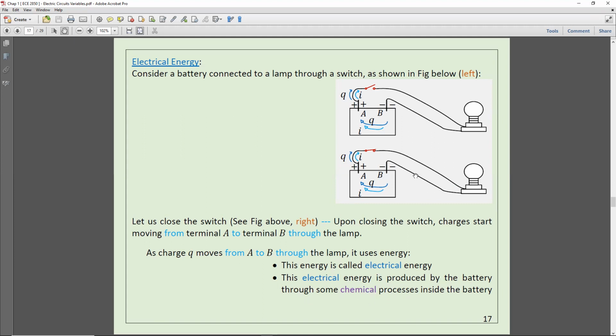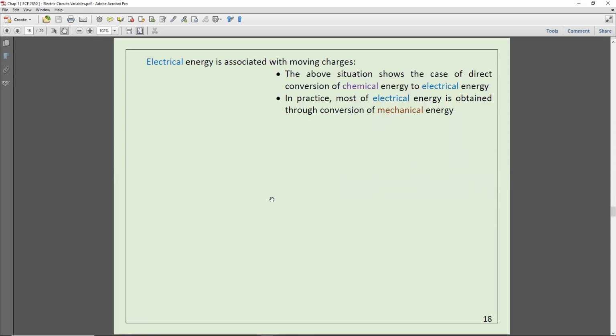What we did is convert the electrical energy, in this case, into light and heat. If I put a motor here, I am going to convert it into mechanical motion.